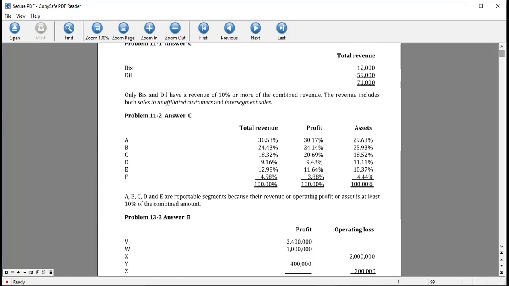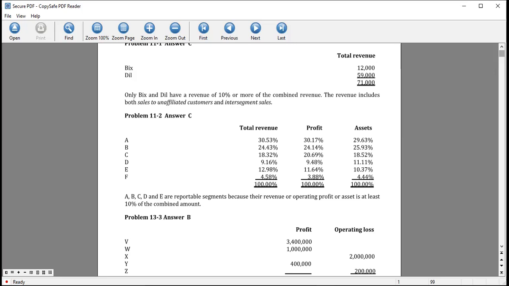We have now the total revenue percentages from A up to F. The total revenue of A as compared to the total. Now, the total revenue in millions. The total revenue of A is 10 million.